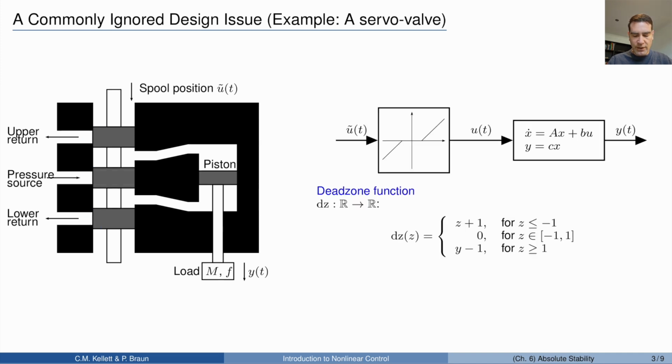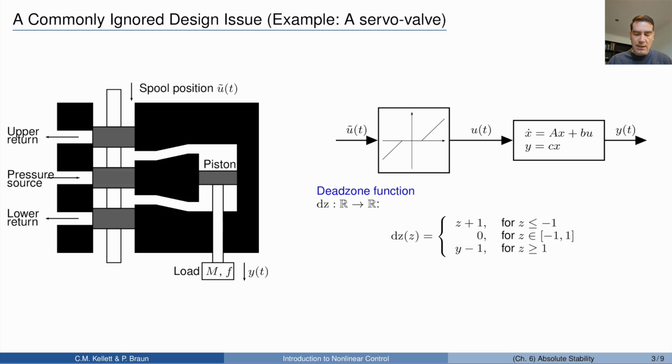And this is characterized through the so-called dead zone, meaning around the origin here with respect to the input U, there is nothing happening. So our input U is piecewise linear, but we have this so-called dead zone around the origin.